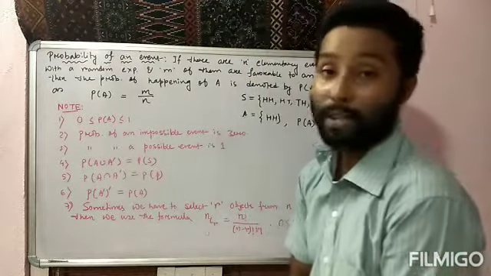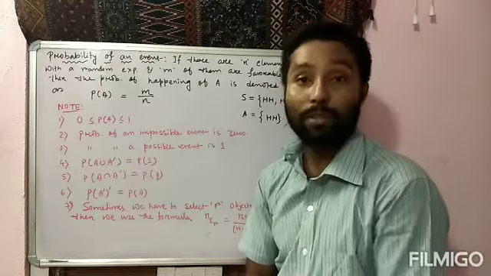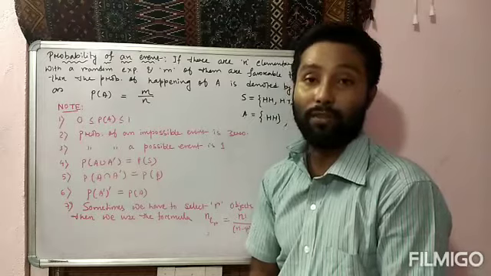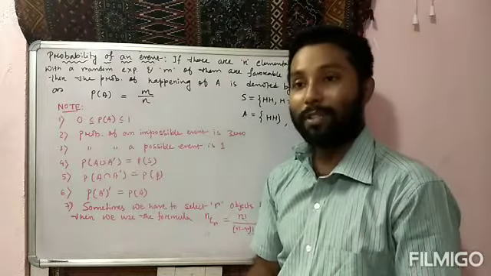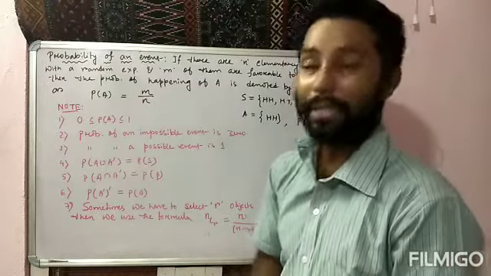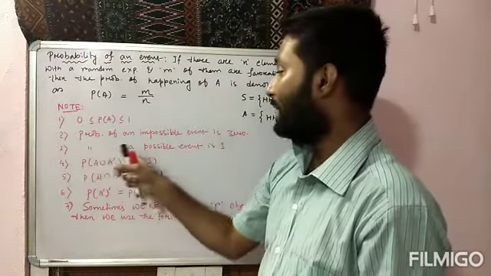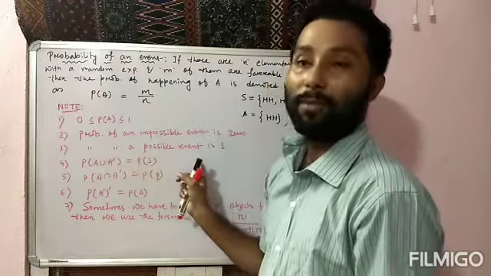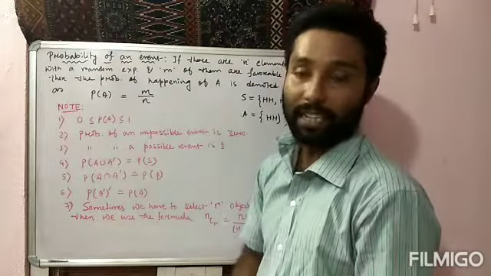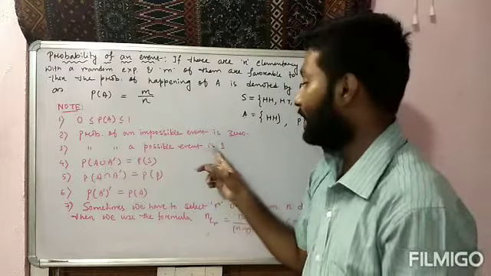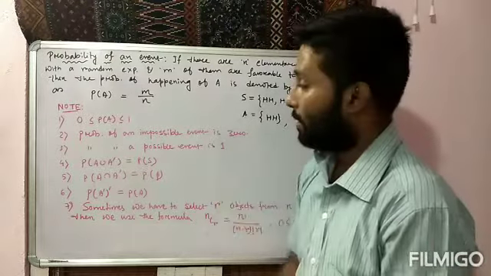What is the definition of an impossible event? Which is not possible. So that's why the probability of the impossible event is always 0. If it is not possible, then how do we find its probability? Which is always 0. Number 3, probability of a possible event, or you can say sure event, is exactly 1.